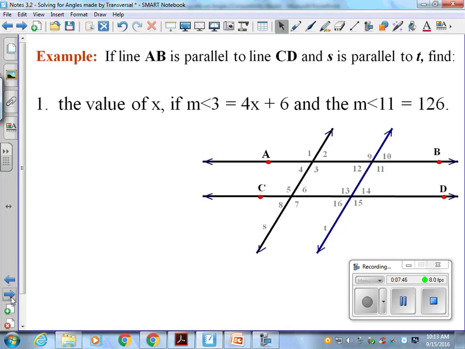So this is very similar to what you were just doing a minute ago, but the picture looks a lot more complicated. I want you to look for the relationship, which two lines make that relationship. I want you to tell me which transversal cut them, like we did yesterday. And I want you to tell me the name of the two angles, if they're equal or supplementary, like we've been doing today.